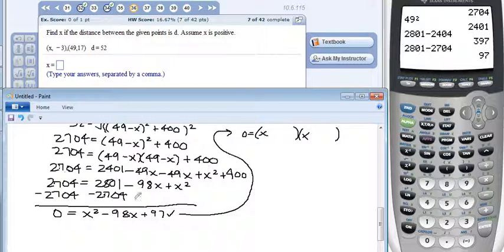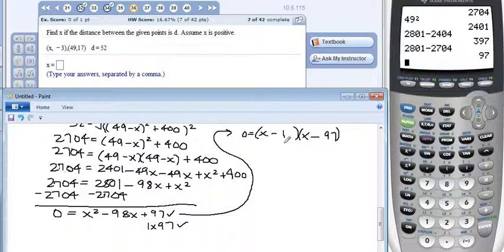I have a positive, so they're both going to be the same, and they're both going to be negative. And I'm looking for factors of 97. The only one that I really care about is this, because they have to add to 98. I don't care if there's others. Although 97 seems like it could be prime too, doesn't it? I'm not sure if it is or not.